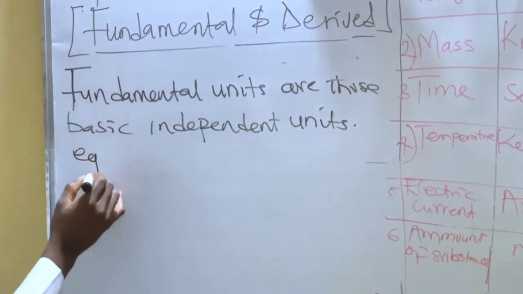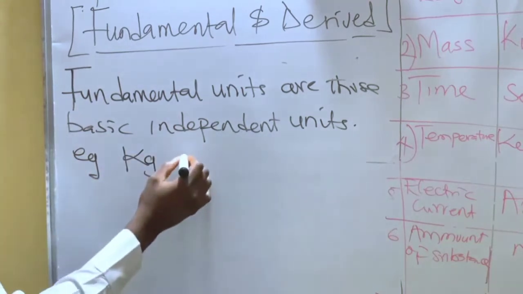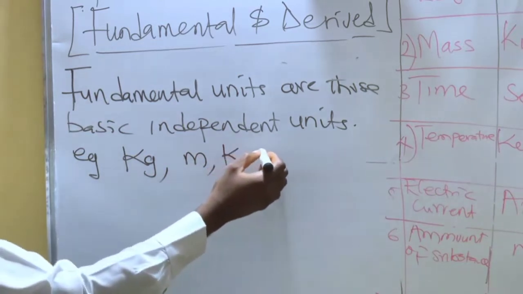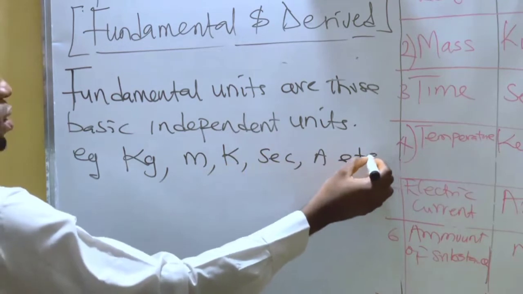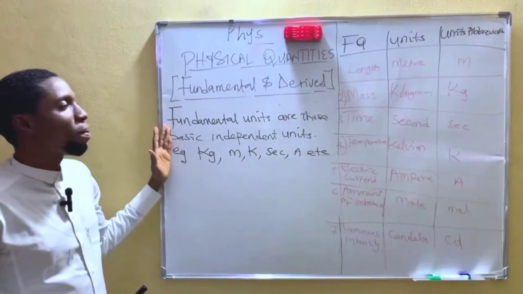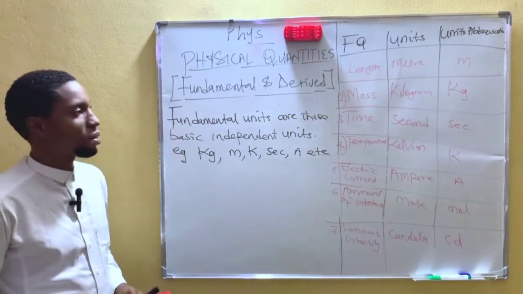Examples: kg, meter, Kelvin, seconds, ampere, etc. These are the fundamental units, the basic independent units in physics.